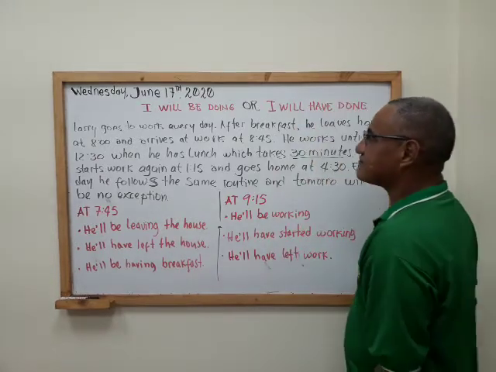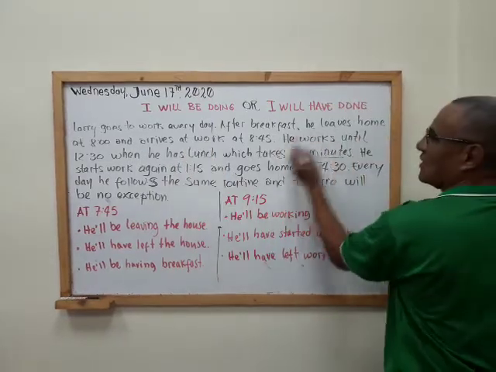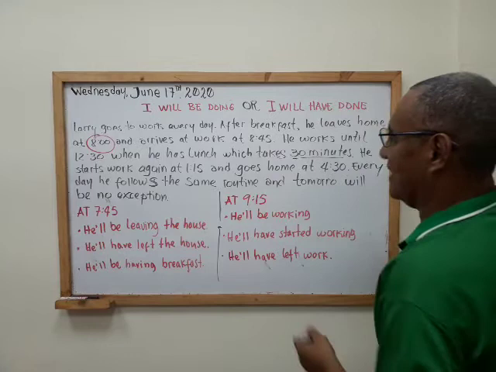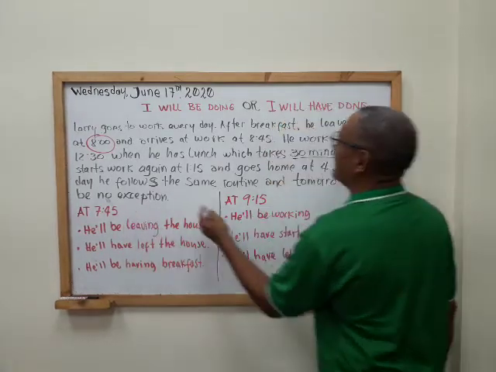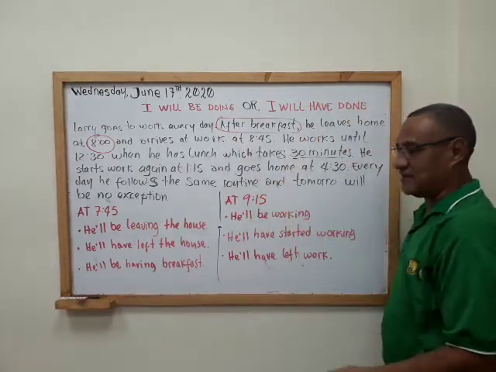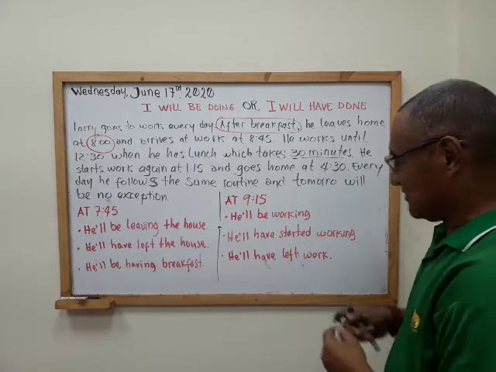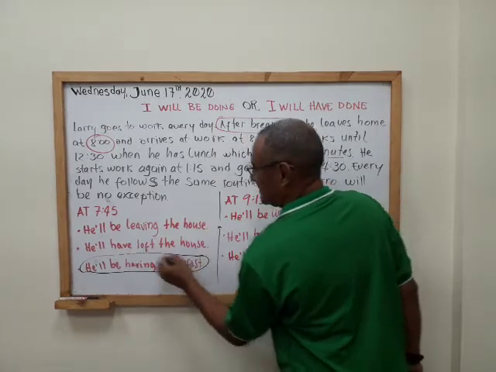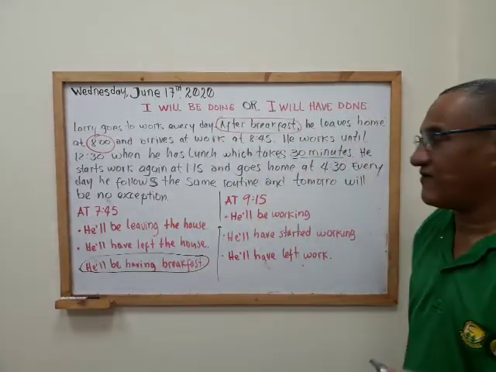Then look, if he leaves home at 8 o'clock and we get here at 7:45, look at this, after breakfast, then at this time he must be having breakfast. Then the right answer is this. Then at 7:45 he will be having breakfast.